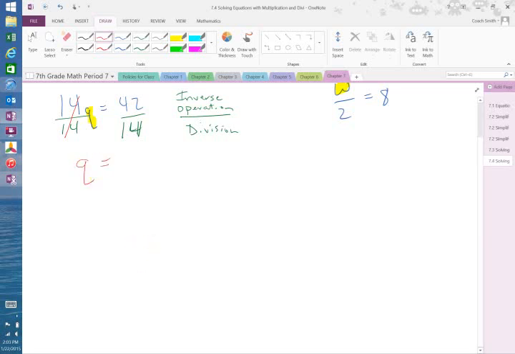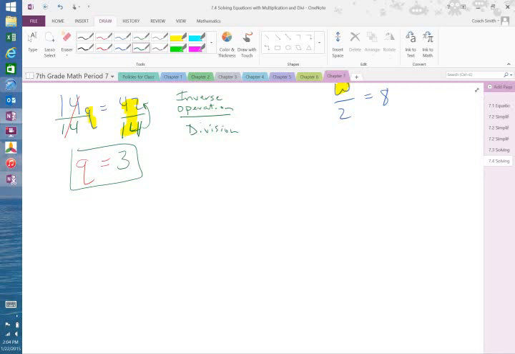On the right side we have 42 over 14, which is an improper fraction. We've got to make the improper fraction either a mixed number or whole number. In this case, it's going to be a whole number because 14 goes into 42 3 times. And so the answer to 14 times Q equal 42 is 3.